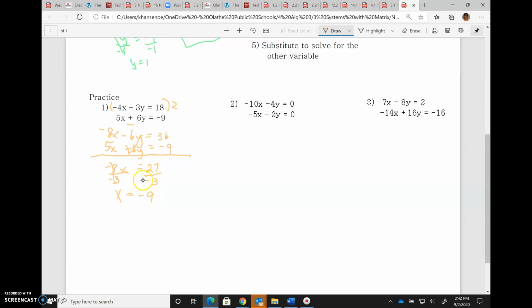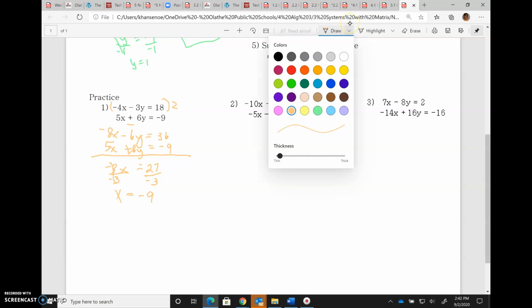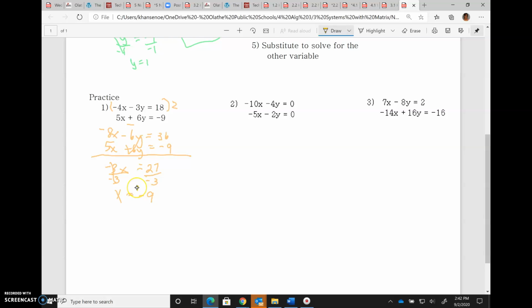Now remember what we do with that? You are awesome. Yes, we're going to take this and plug it back in up here. So now I have 5 times negative 9 plus 6y equals negative 9. Negative 45 plus 6y equals negative 9.